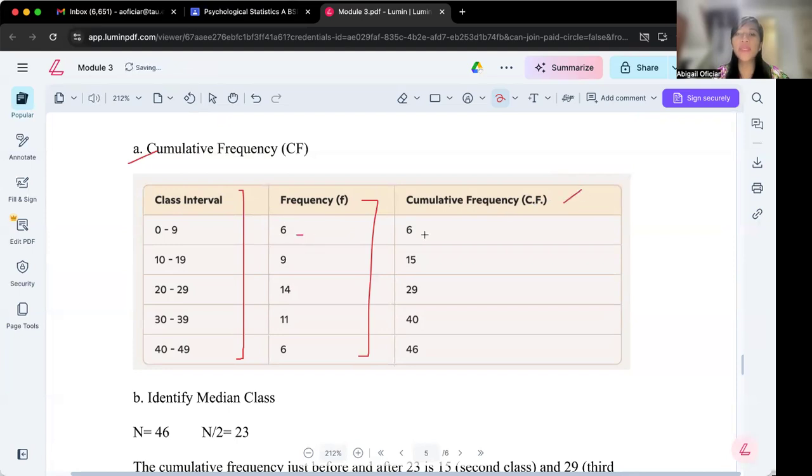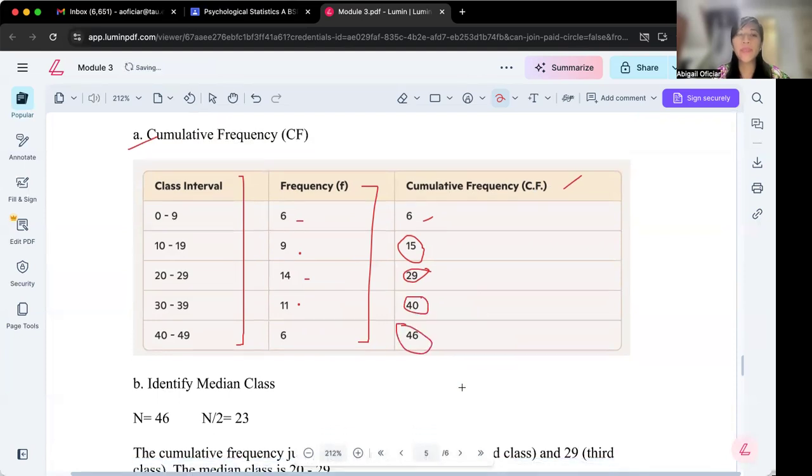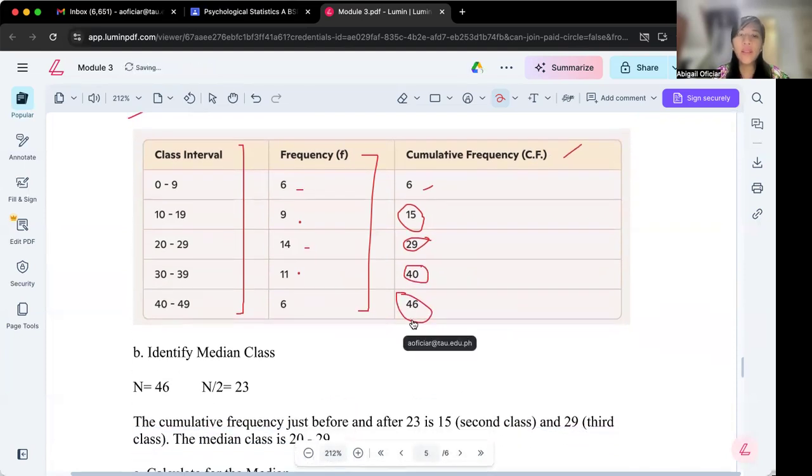The first value is 6, so we have 6 plus 9, that's 15. 15 plus 14, that's 29. 29 plus 11, that's 40. 40 plus 6, that's 46. So, all in all, ang ating N ay 46. So N is 46.